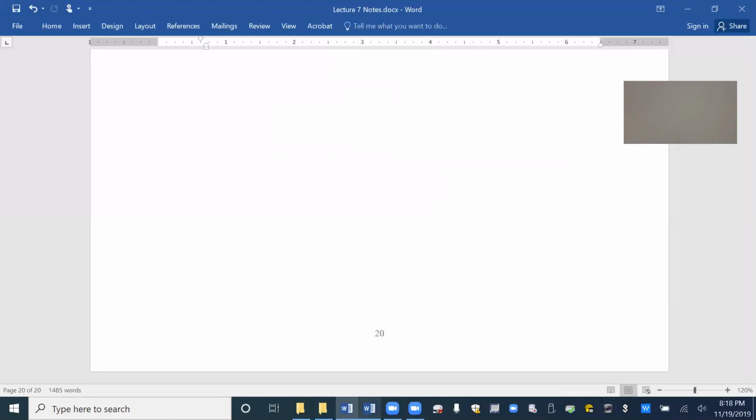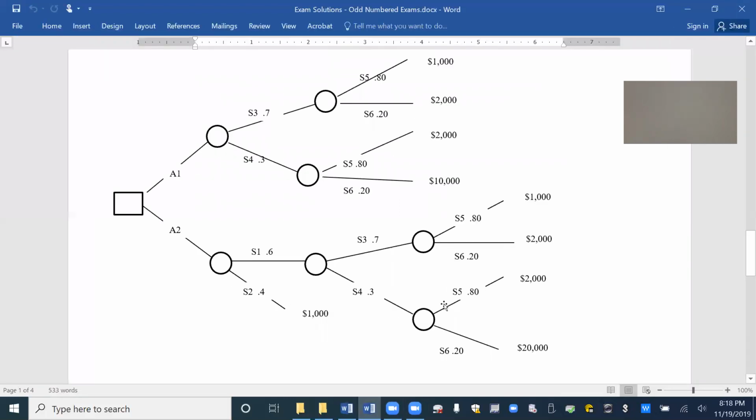Okay, before I give back the exams, let me go over a couple of things. Since I got this one up here, here's the solution for the Jeopardy problem. This is what I expected you to do with the tree.